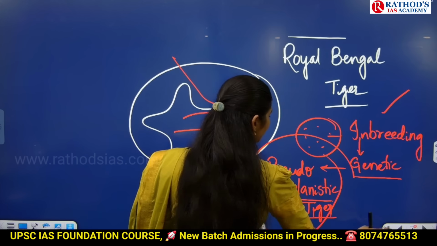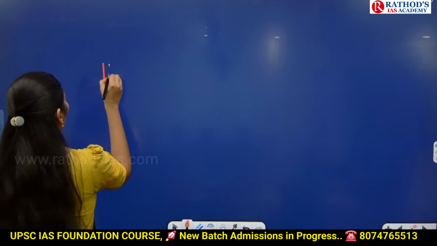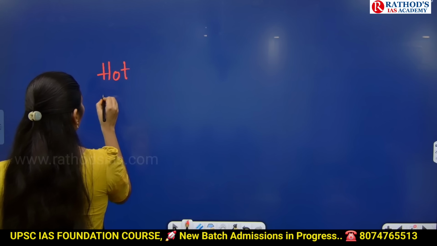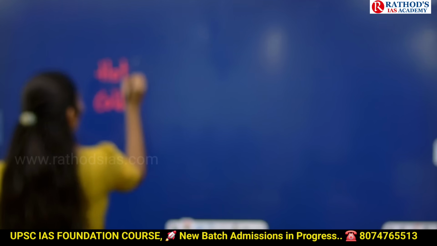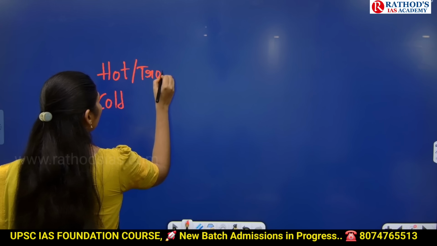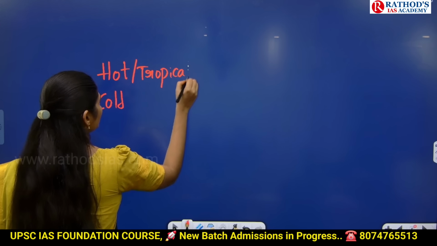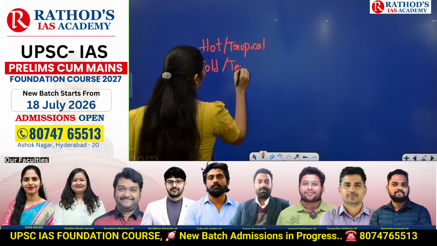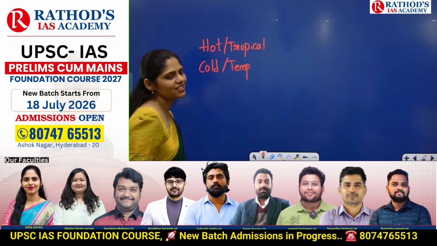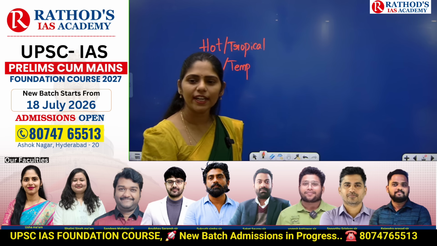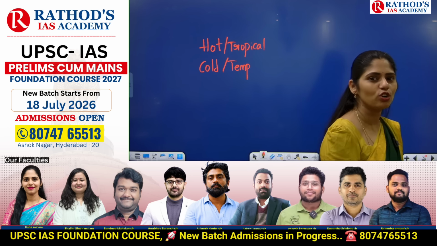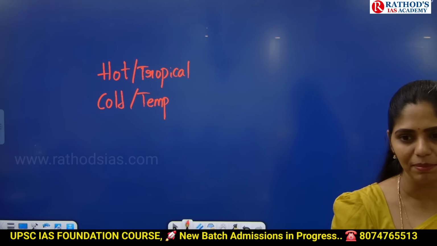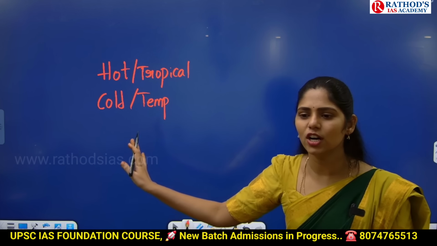Understand the concepts, guys. So here, as you said, we have hot deserts and we have cold deserts. Hot deserts are also called tropical deserts. Cold deserts are called temperate deserts. That means deserts located in the tropical region between Tropic of Cancer and Tropic of Capricorn are called hot deserts.